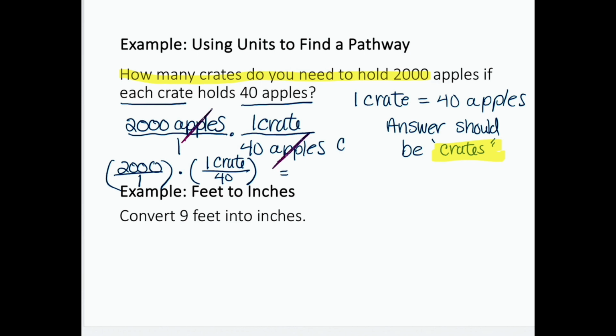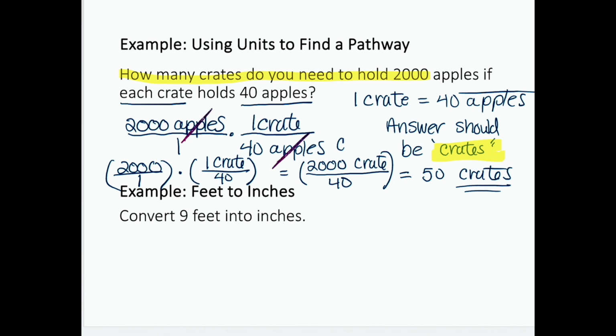If you're doing this by hand, then across the top you would take 2,000 times 1 crate, which would be 2,000 crates. And then on the bottom, I would do 1 times 40, which is 40. And when I divide 2,000 by 40 now, I would get 50 crates.